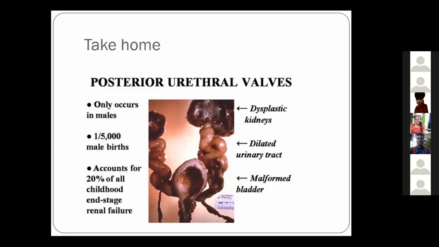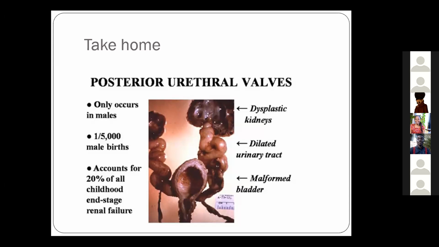it happens when the obstruction happens much earlier in fetal life. Of course, you have a dilated urinary tract, and also importantly to note is that even if you do the optimum management, these patients will usually have persistent malfunction of the bladder.